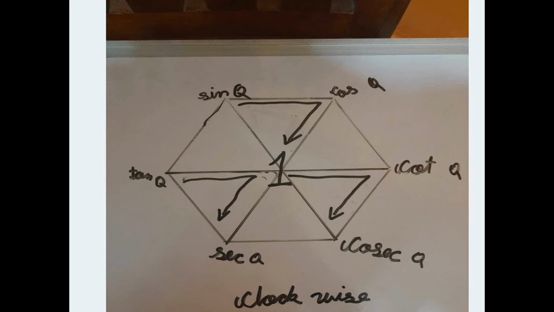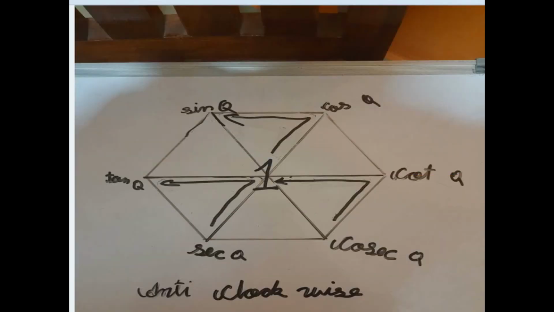Now we have to go anti-clockwise in these triangles only, which means we have to go in the opposite direction. The diagram for anti-clockwise is this. We were going like this, so now we will go like this.